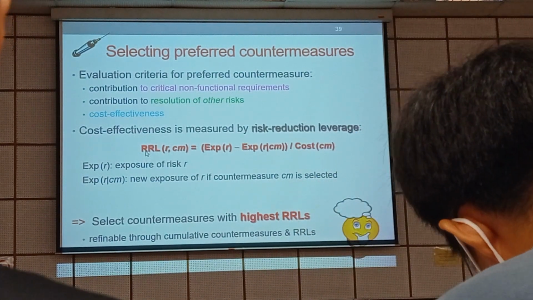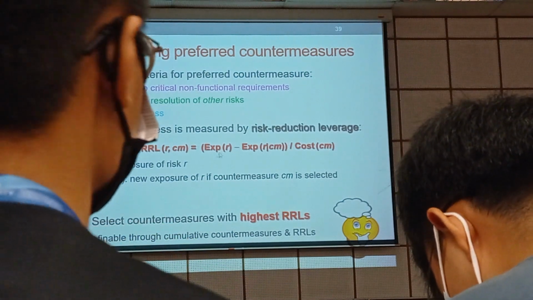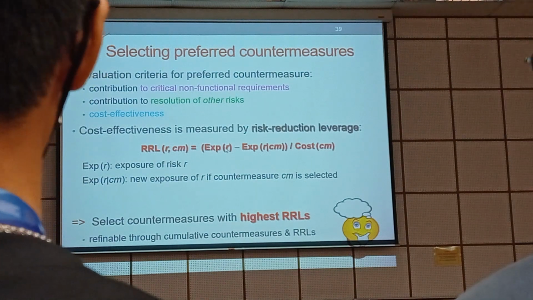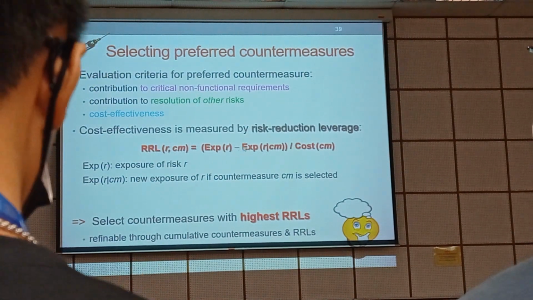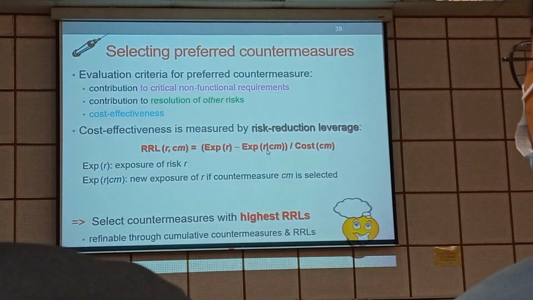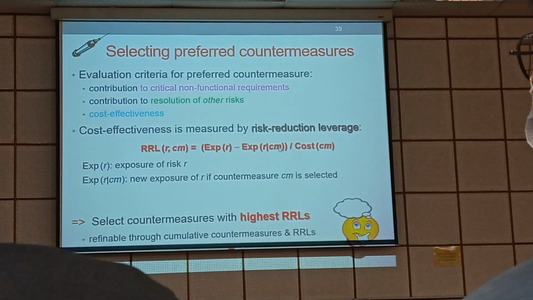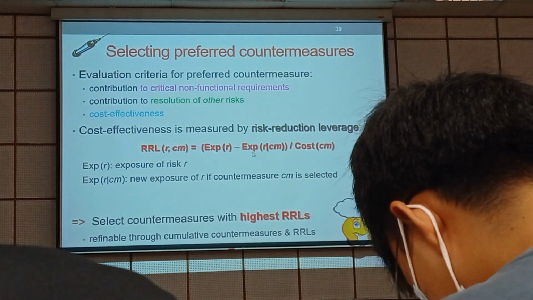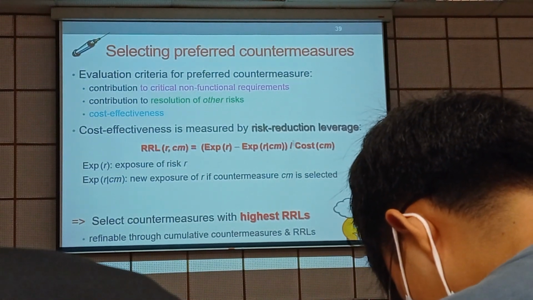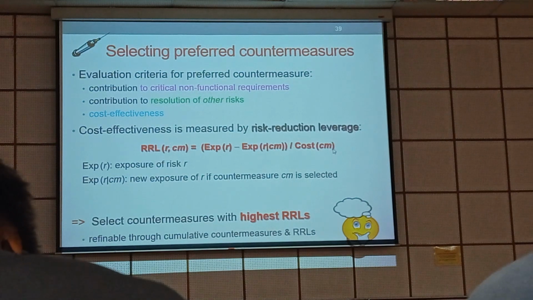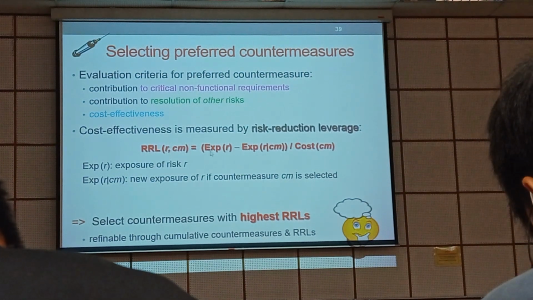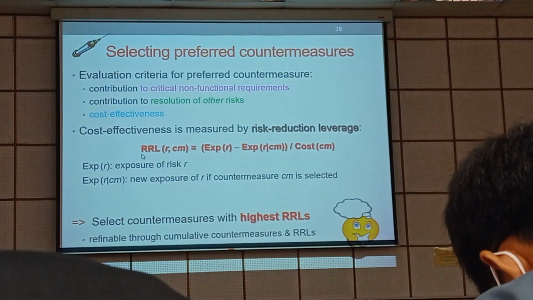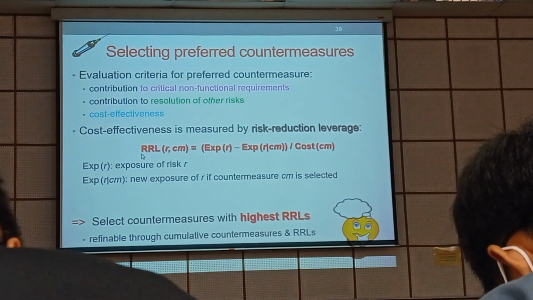So how to calculate that? Exposure of the risk minus exposure of the risk over countermeasure, divided by cost of the countermeasure. Calculate this first and then subtract from the exposure. Then you will see the RRL. So, next formula.